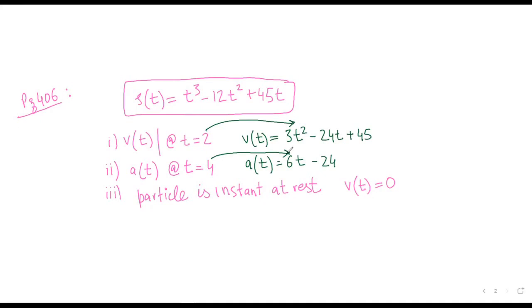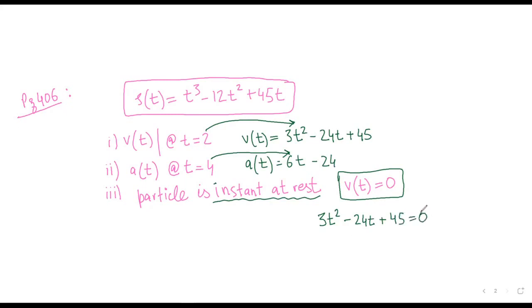And if I want to find the time at which the particle is instantaneously at rest, I need to put my velocity function as 0. So basically I need to put 3t square minus 24t plus 45 is equal to 0. Is it clear?